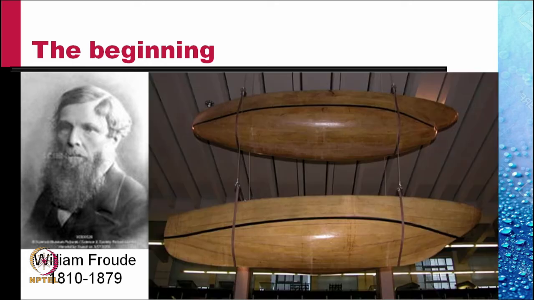The models that he made were various boats of the sizes of 3 feet, 6 feet, and 12 feet. With these, he found out the drag that these boats experienced. And then he devised rules which are known now as the Froude formula to predict the drag on the full-sized boats.